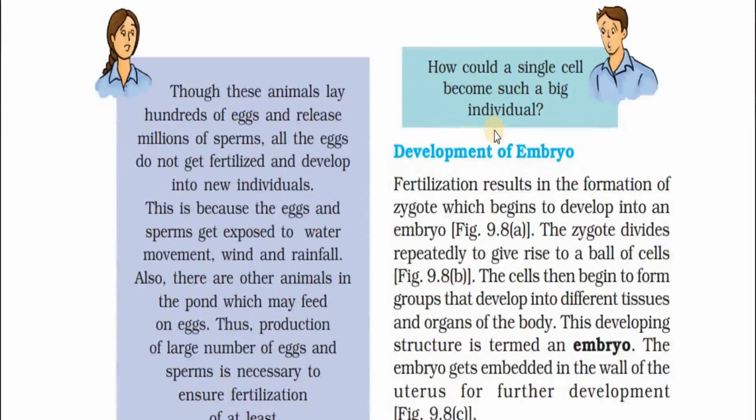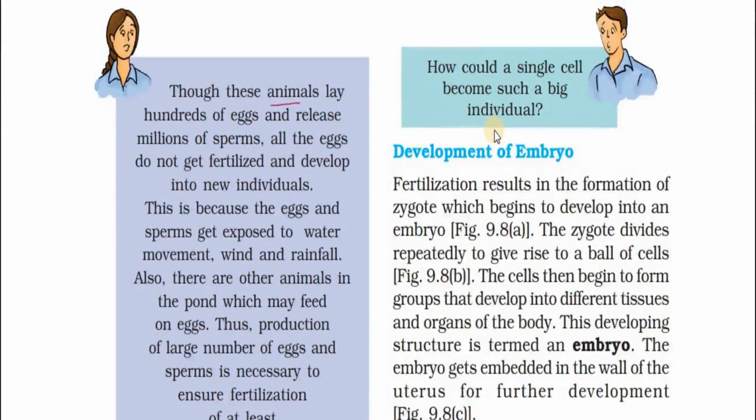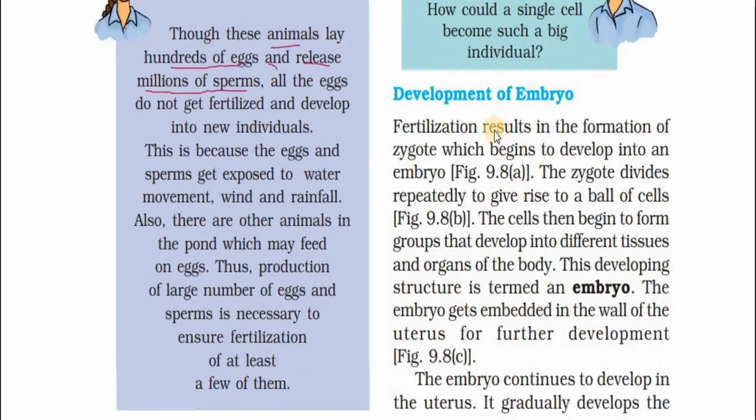These animals, the fish and frogs, lay hundreds of eggs, and they release millions of sperms. The problem is that all the eggs do not get fertilized and do not develop into new individuals. Why? This is because the eggs and the sperm get exposed to water movement, wind, rainfall.